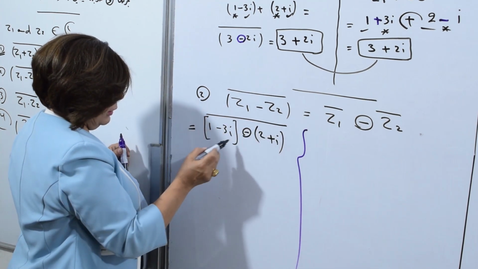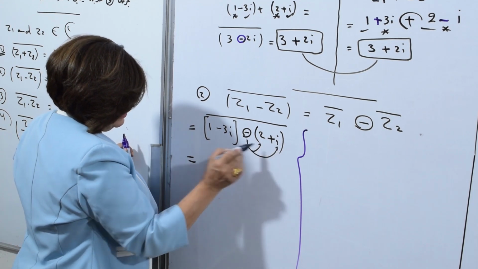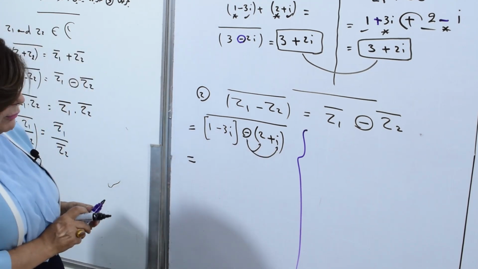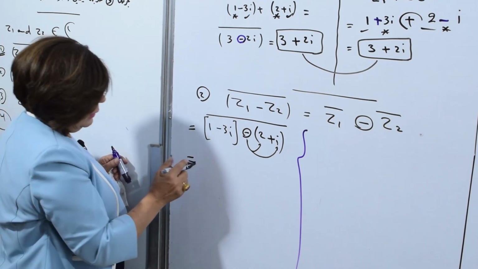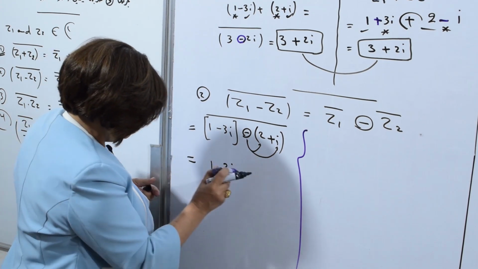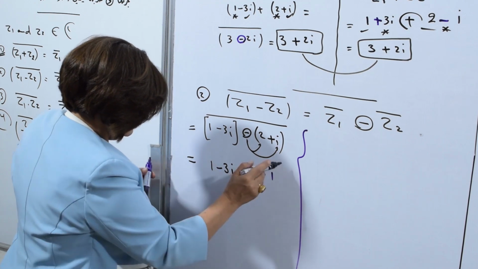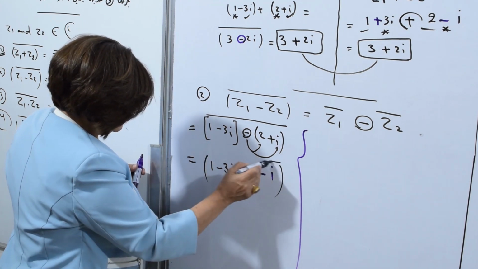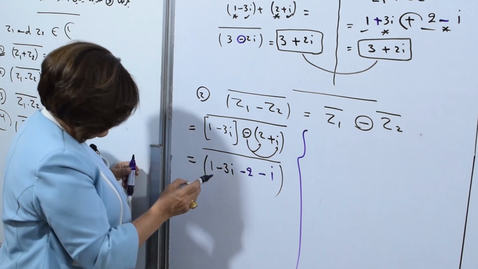That means I take the additive inverse, معناها آخذ النظير الجمعي, of the second number: 1 minus 3i minus 2 minus i. غير إشارة الحقيقي والتخيلي وكأنه وزع إشارة الطرح على العدد الثاني.